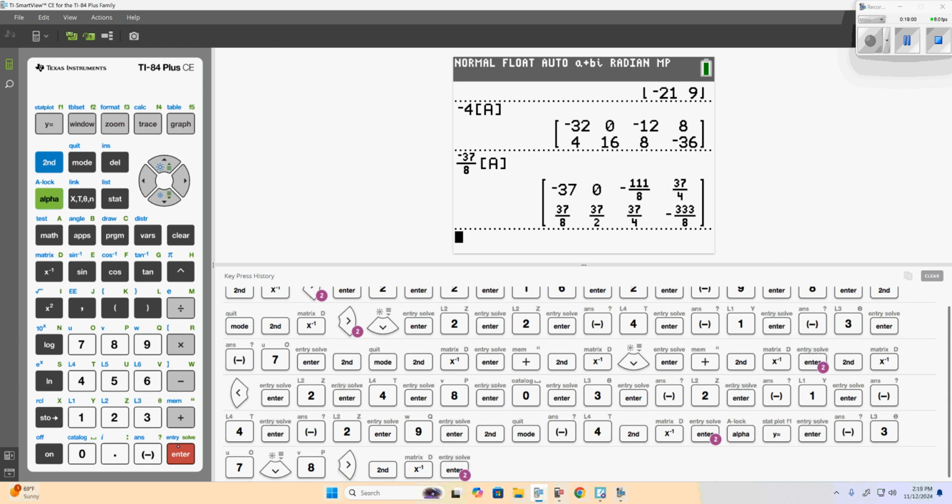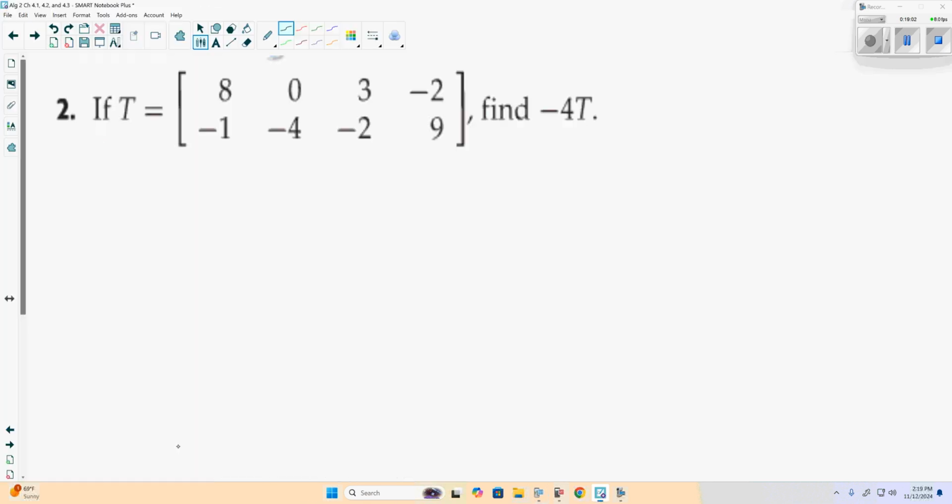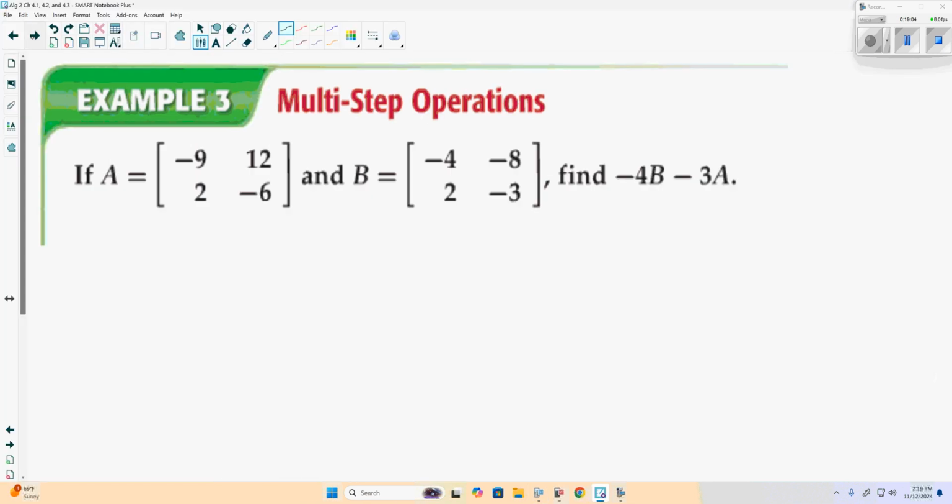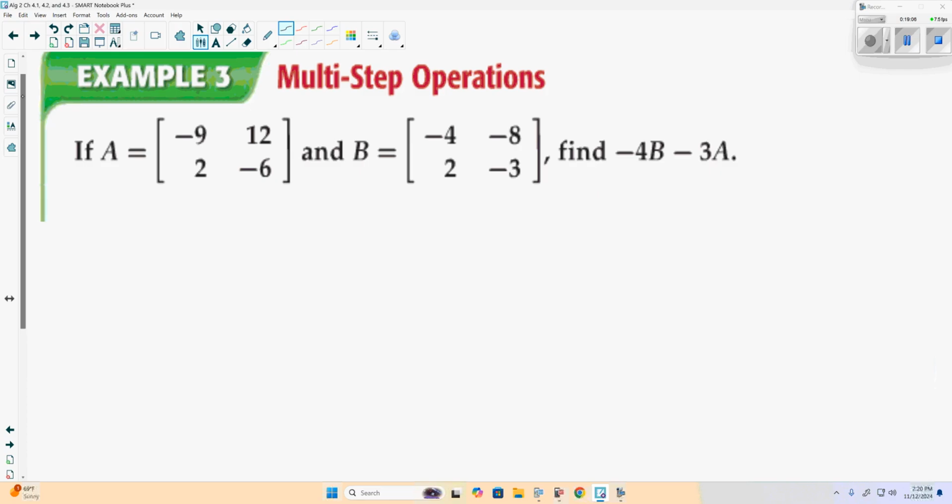All right. Well, we're going to put the two together. We're going to use scalars and our addition subtraction.